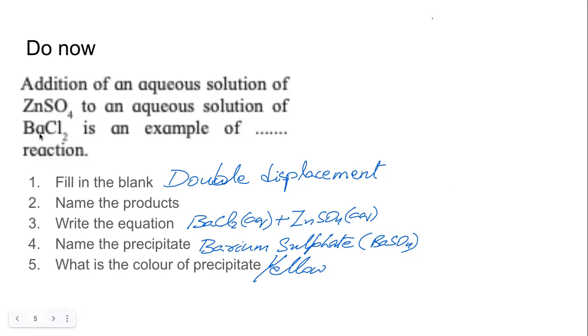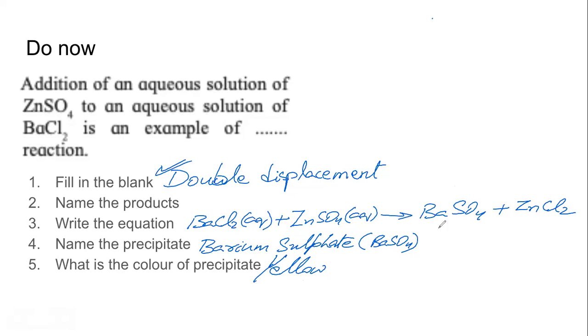Even if we don't know what will happen, we can guess that maybe the ions of the reactants will be exchanged. So Ba will join with sulfate and zinc will join with chlorine. And it is correct. It is a double displacement reaction. Now, if you look at the periodic table, you will clearly see that barium is a much heavier element than zinc.